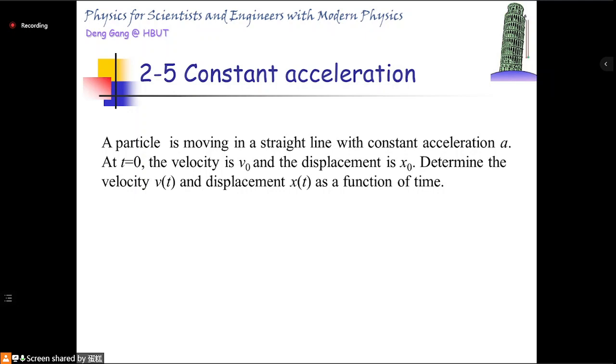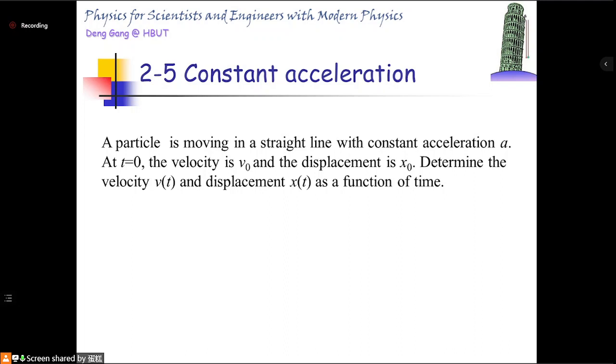Just like a free fall object, it has a constant acceleration g.